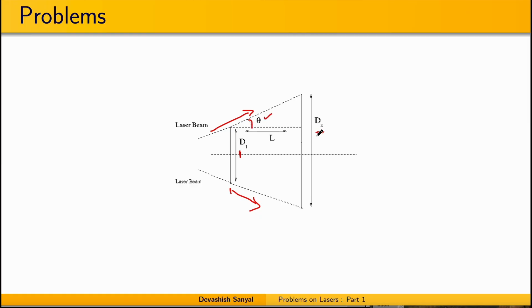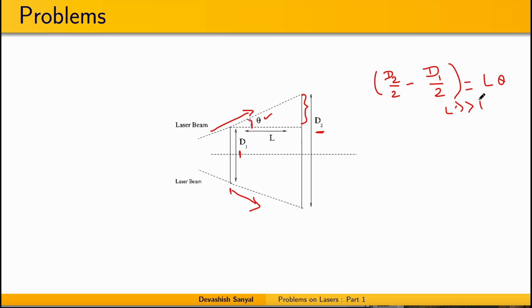You can clearly see that this distance is D2 by 2 minus D1 by 2, and this distance is equal to L into theta, where L is very, very large.